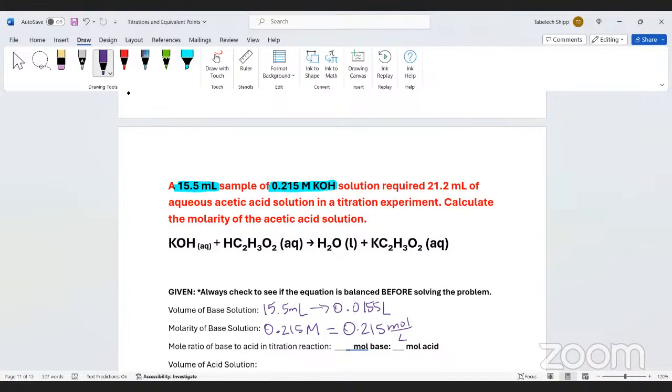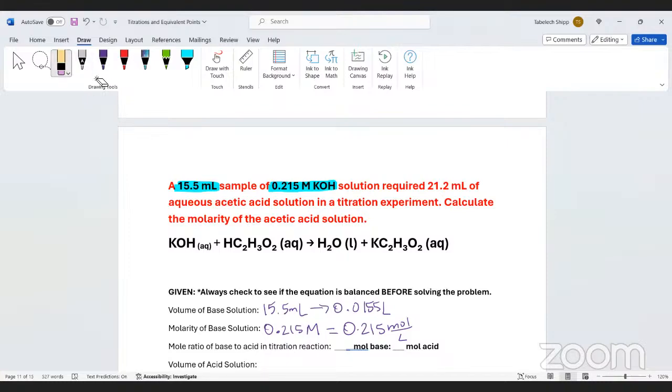Now, you remember when I said you got to do the mole ratio of the base to the acid by using your chemical reaction? Let's first make sure that this reaction is even balanced, okay? In order to do that part. So if I look at my reaction, I've got one potassium on the left, one on the right. Let's see, for my oxygens, I've got that in check.